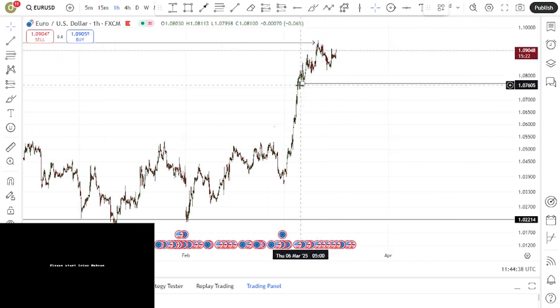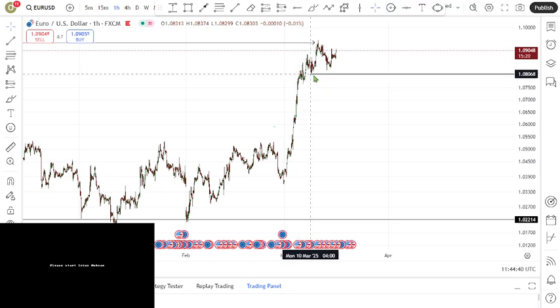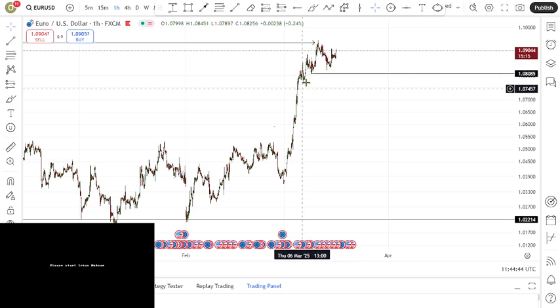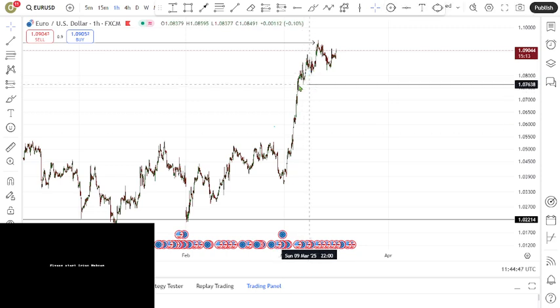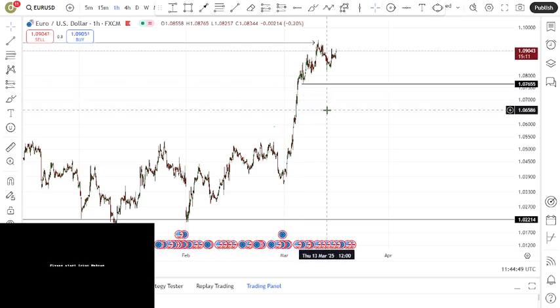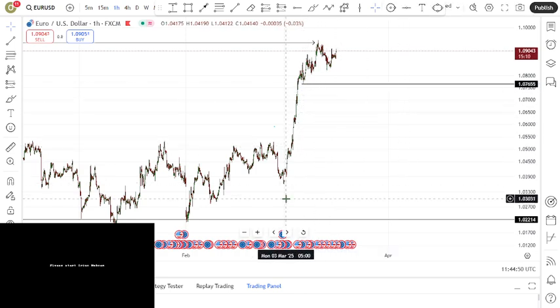For EURUSD like this, even if I say this is the hook point, price didn't tap into the structure. So for EURUSD, I don't see a clear move for now. But the GBP way it is positioning itself can be a great trade.